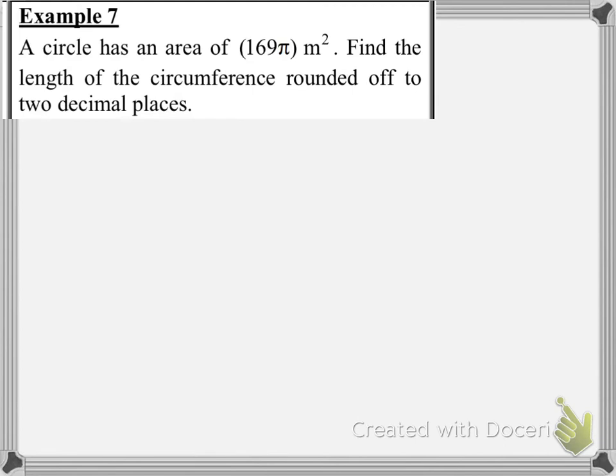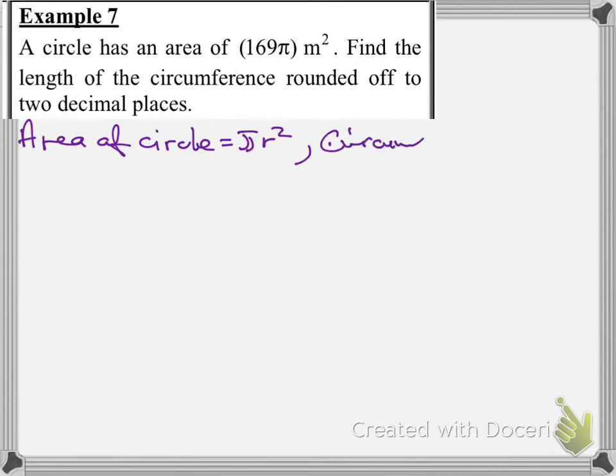So we've got the formula for area of a circle, which is pi r squared, and circumference is 2 pi r.